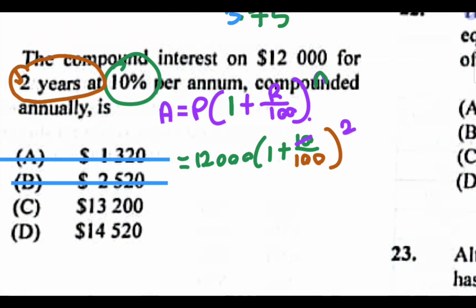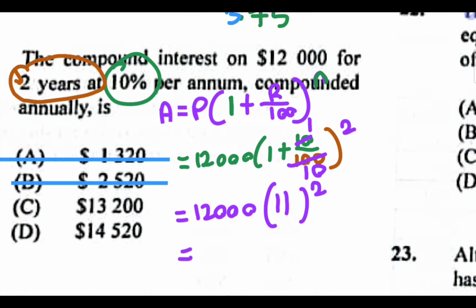10 can go into itself once, 10 can go into 100 10 times. 1 plus 1/10 will in fact be 11/10. So that's 11 squared over 10 squared. 11 squared is 121.